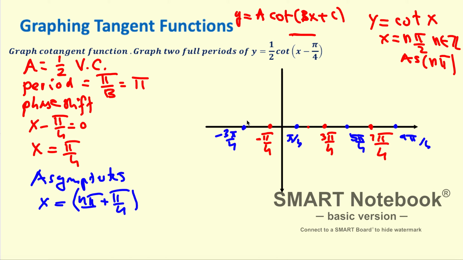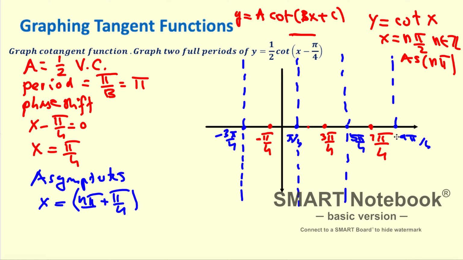And now we can draw those vertical asymptotes. As we said before, tangent and cotangent functions have vertical asymptotes.